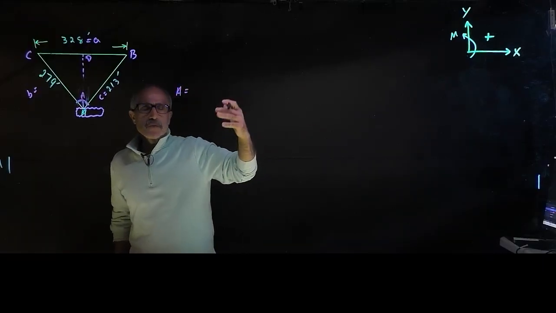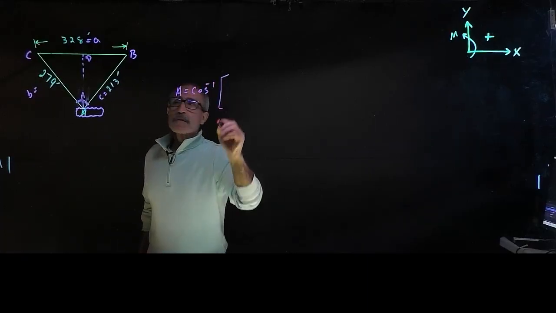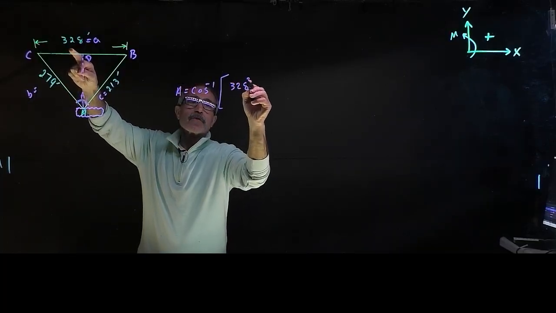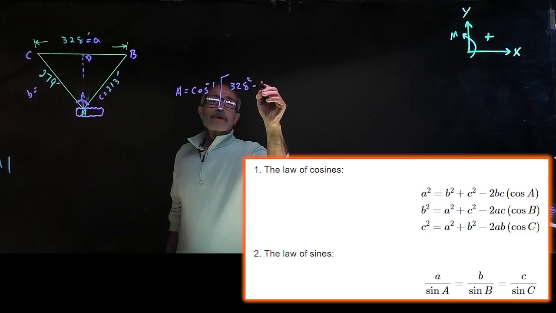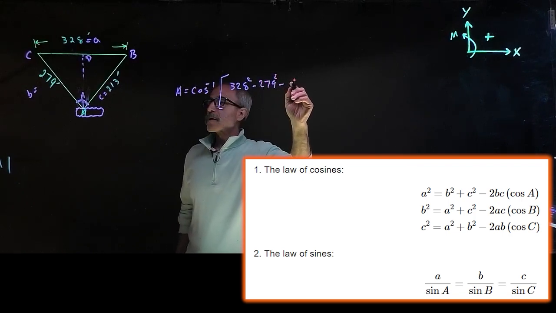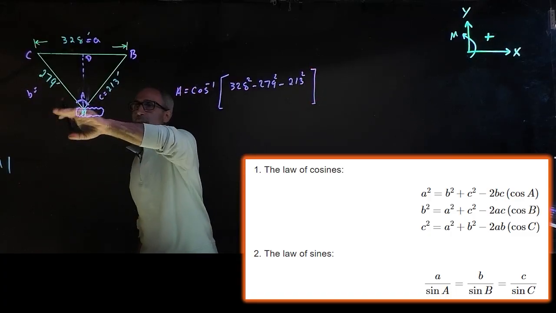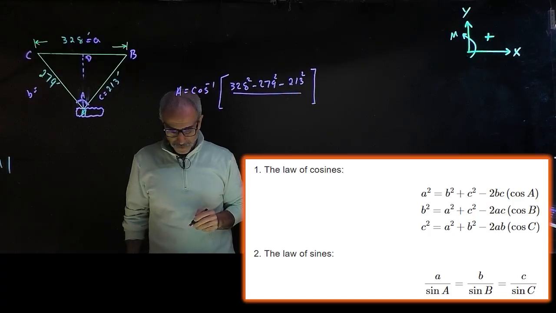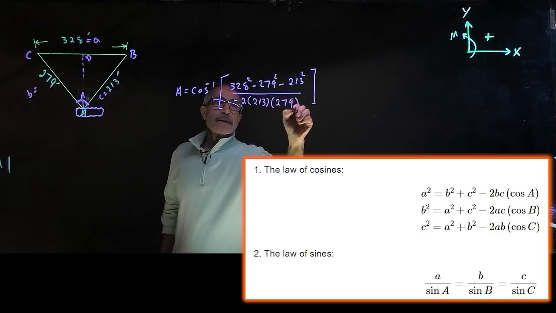You basically rearrange the formula. Cosine inverse of, remember up here we have 328, I'm going to square it minus those other two, which is minus 279 squared minus 213 squared, and divided by minus 2 times 213 times 279, the two sides times the angle between them, right?